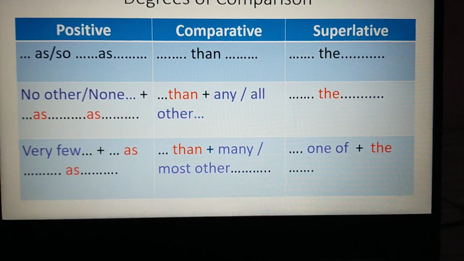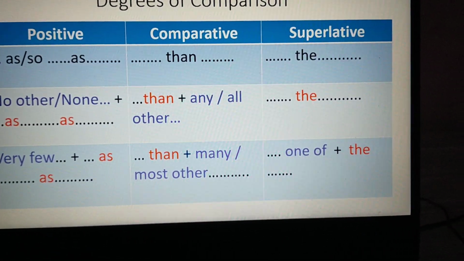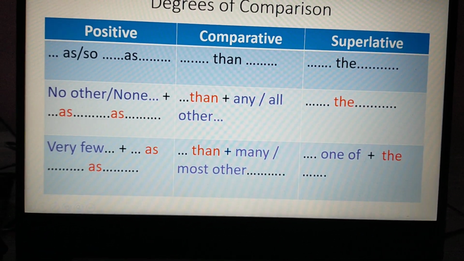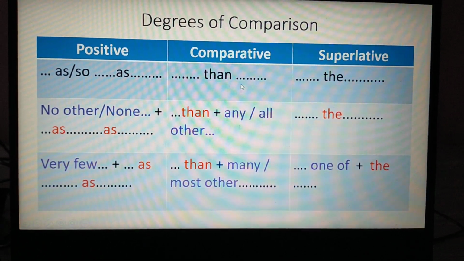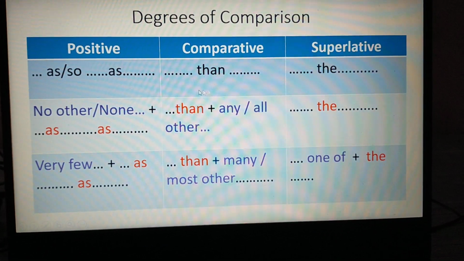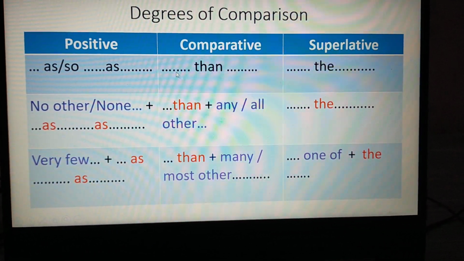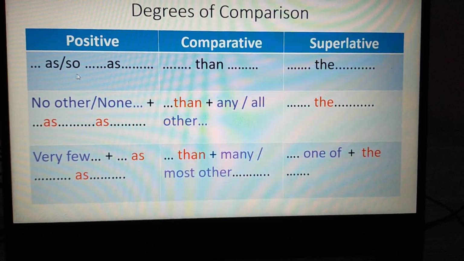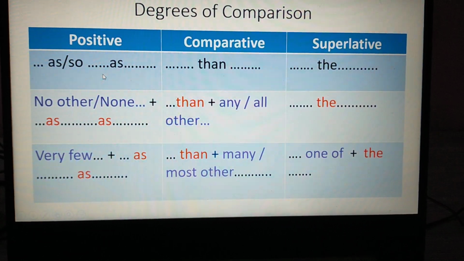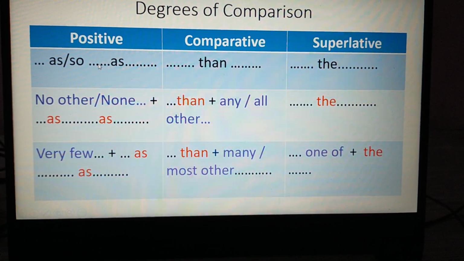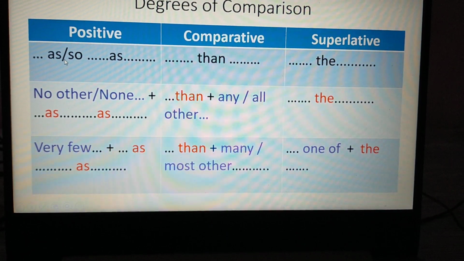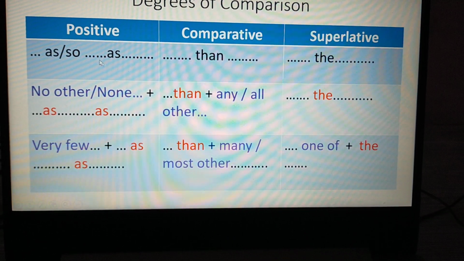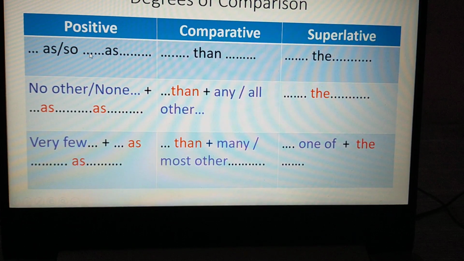Now, how to identify which is the positive degree, which is the comparative, and which is the superlative? This is the main thing where we actually get the question, where we have to transform the sentences. Here you can see that in the center you'll have the adjective, and before and after it, if you have as, as, then it is said to be in the positive degree.